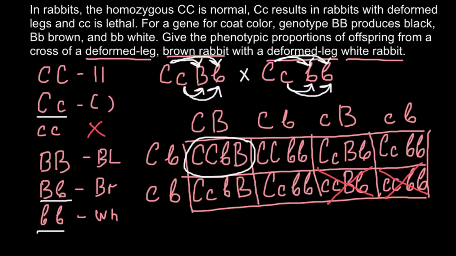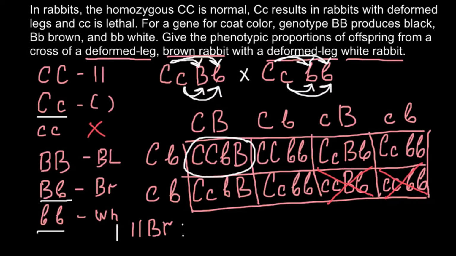And we don't have any other phenotypes that produce normal legs. So this is going to be the only phenotype here with normal legs and brown color. So let's put this phenotype here, and this is going to be normal legs and brown color. So, and this is going to be 1.